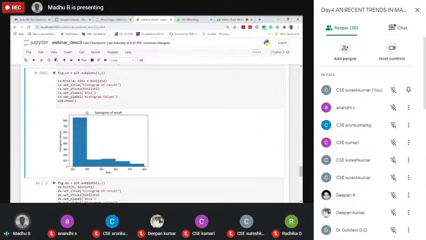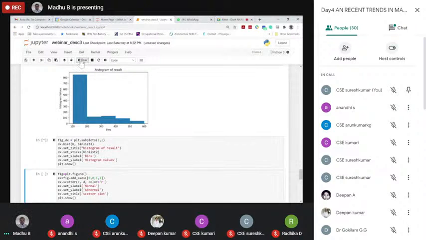Nothing to worry about, it is still showing a normal distribution and not a non-normal distribution. I am going to do it for the second image.